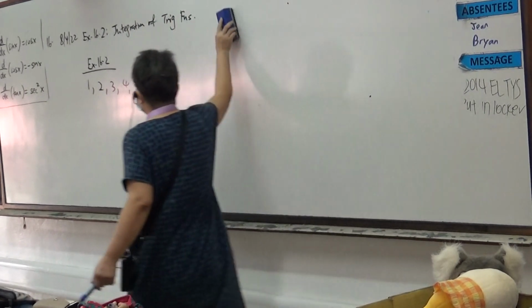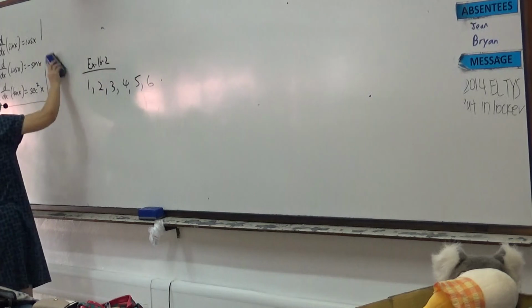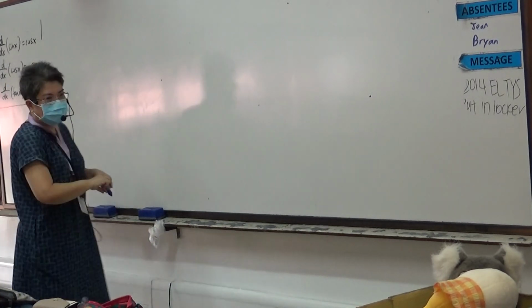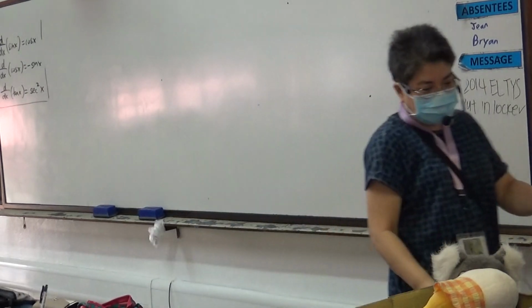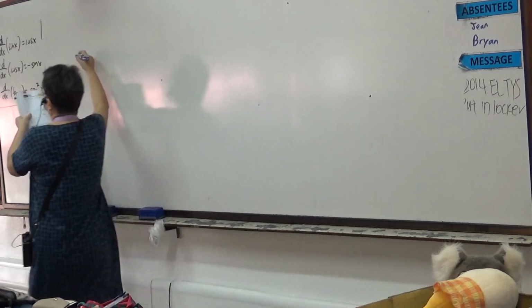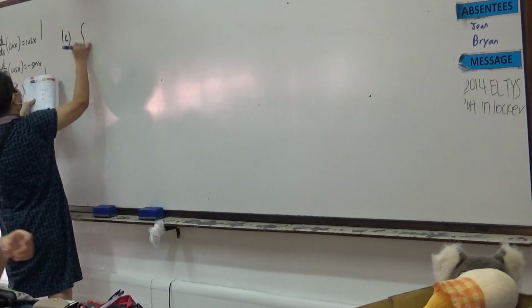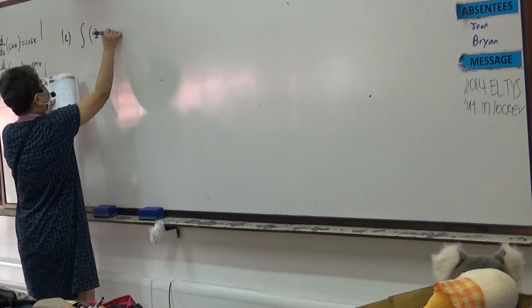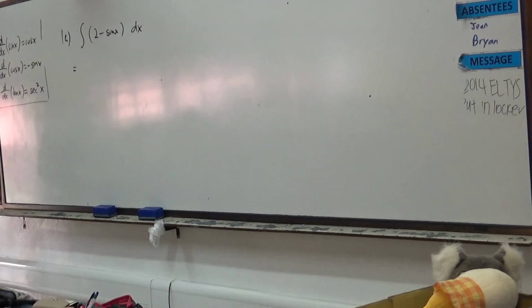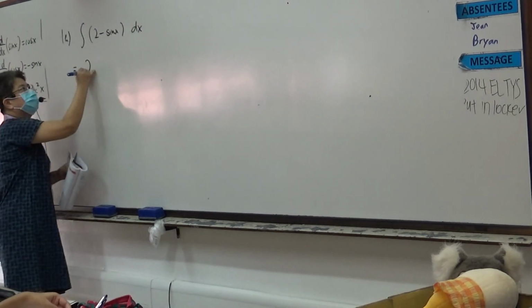Okay? Alright, let's start. Because I need to get you familiarized with this. So everything except 7, okay? Everything doesn't mean you do only part A. So when you integrate 2, I will get 2x.